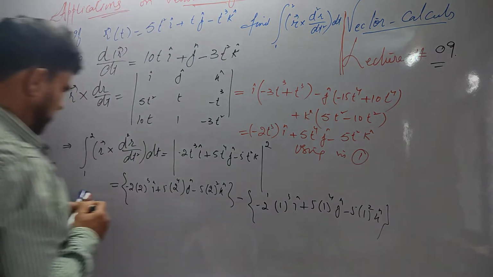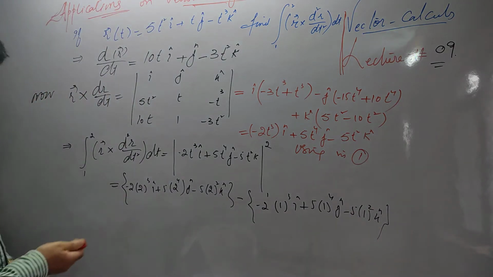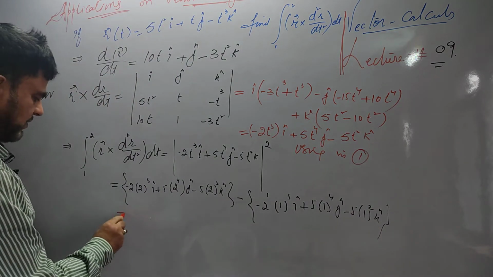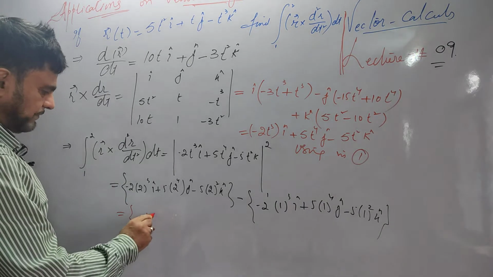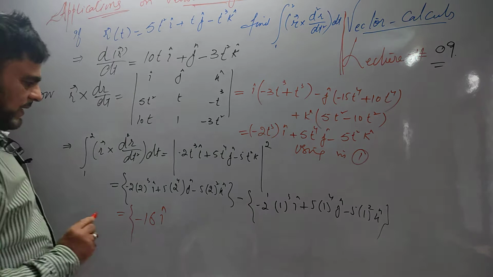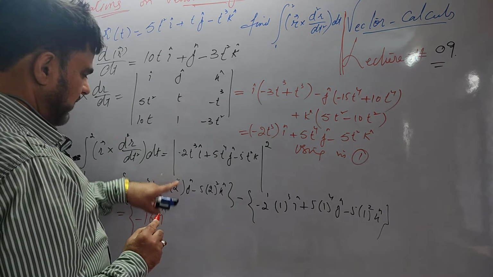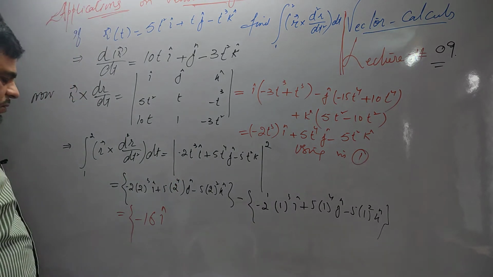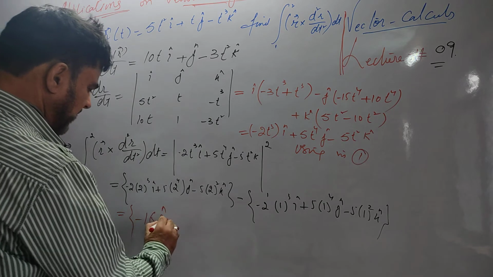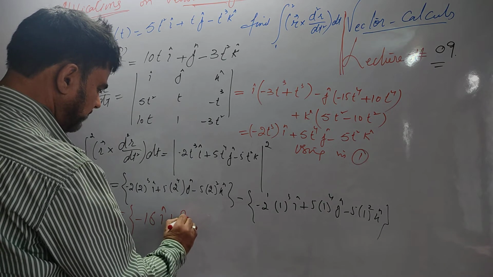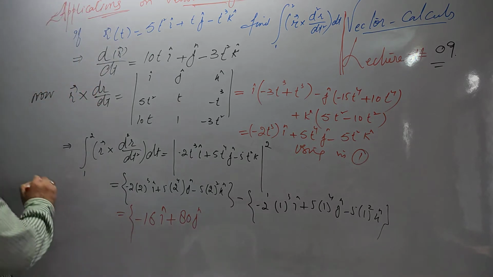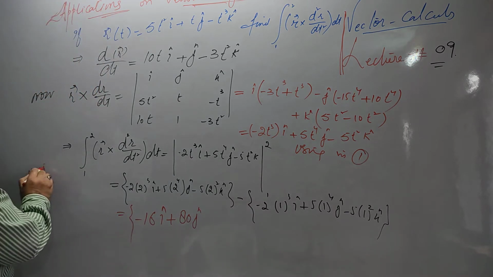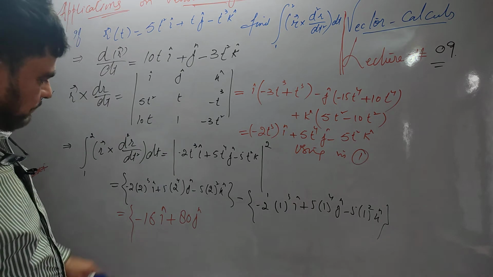Let us simplify this. This will be 8 into 2, it is minus 16i, and 2 2s are 4, 2 4s are 8, 2 8s are 16, 16 into 5 is 80j.